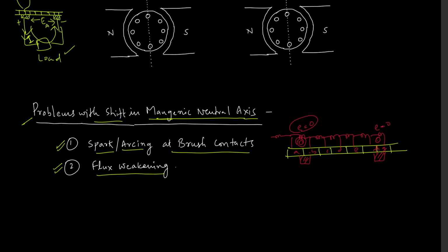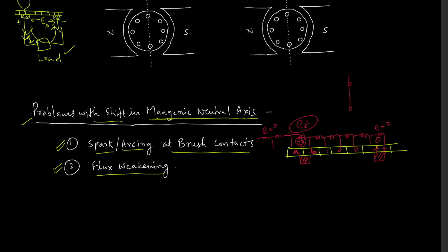Now this coil will have EMF 0 when it is exactly under the magnetic neutral axis like this. But when the brush is shorting the commutator segments A and B, but in some other coil the EMF induced is 0 and in this coil it is having some finite positive voltage, then a short circuit circulating current will flow in this shorted coil.